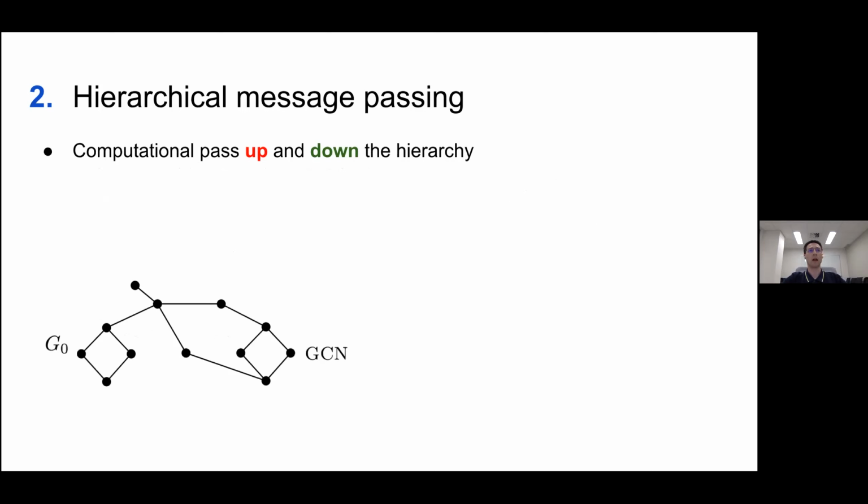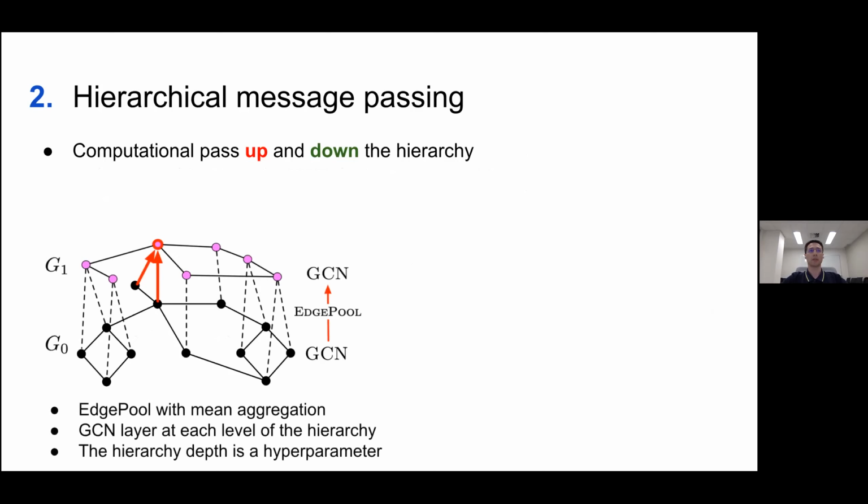So how it looks like: we start with the original graph, we apply a graph convolutional layer, then we apply edge pooling with mean aggregation to pool the original graph G0 into graph G1, where we apply the GCN message passing layer again, and iterate this process as many times as we can, or up to some predefined number. But we typically use hierarchies of depth only 2 or 3 hierarchical levels deep.